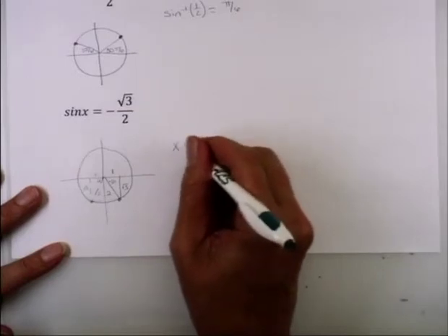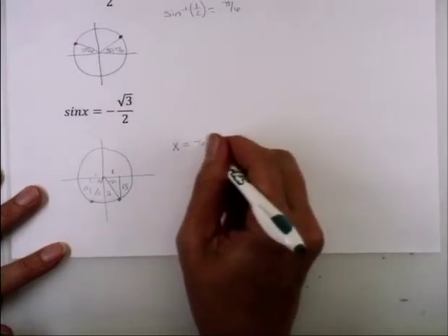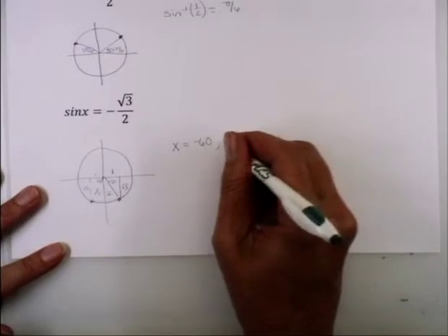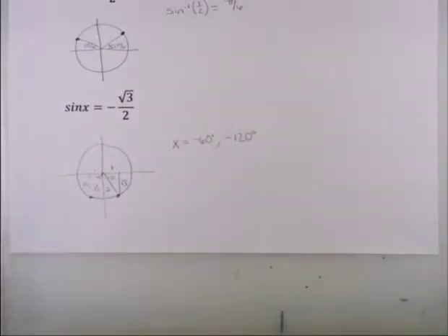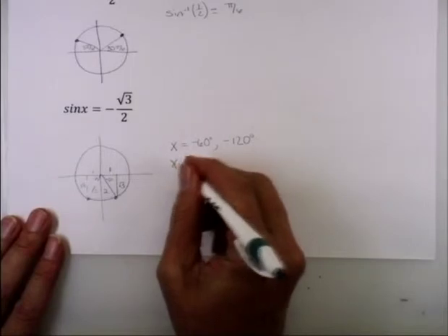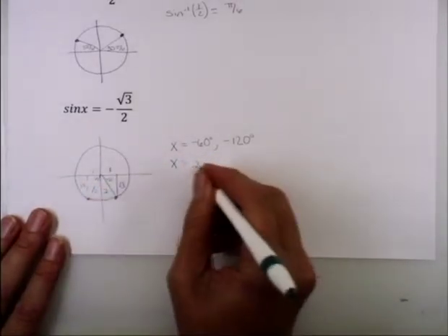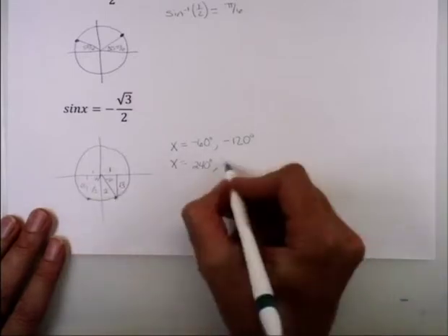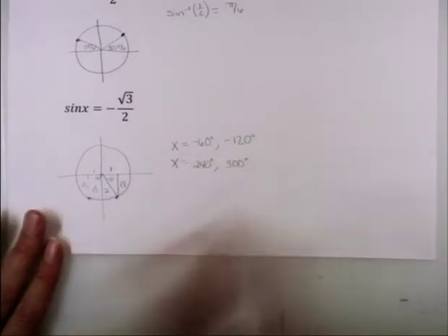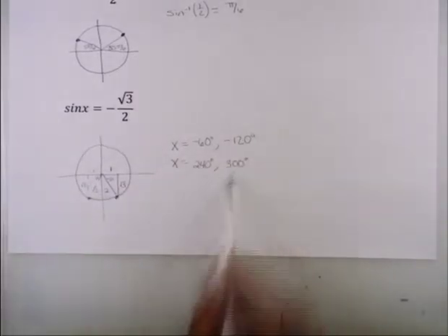So x can equal -60 degrees or -120 degrees. Now I could write those as coterminal angles and positive if I needed to. It depends on what we want. I could have written this as x is equal to 240 degrees and x is equal to 300 degrees. Same angles, but here they're positive.